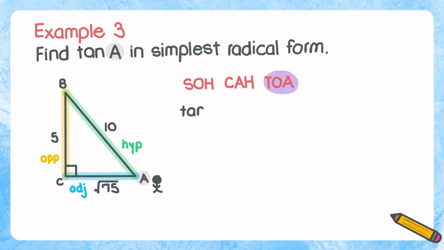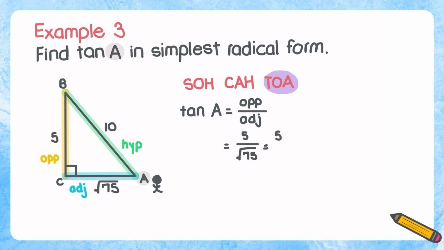So tangent of A equals the opposite side over the adjacent side. That's going to be, in this case, 5 over radical 75.